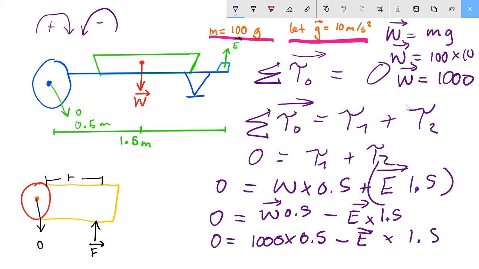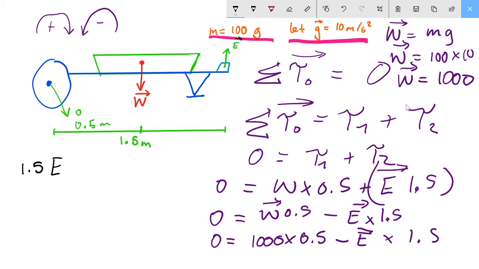So now let's bring up here, let me just delete this part real quick. Now that we have 0 equals to that, using another pen, we can say that 1.5E equals 500, since 1000 multiplied by 1/2 is 500, and therefore E equals 500 over 1.5.